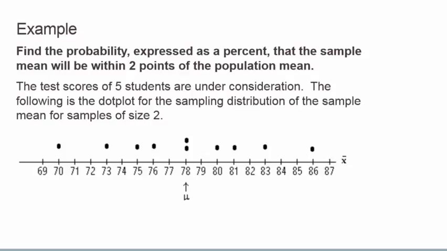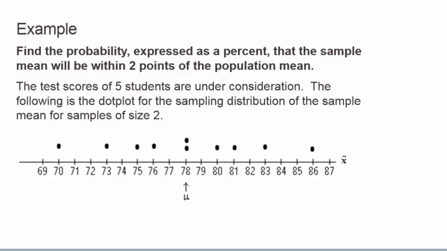So our number line goes from 69 to 87. We have dots over 70, 73, 75, 76, 2 over 78, 1 over 80, 81, 83, and 86. The population mean is marked as 78.